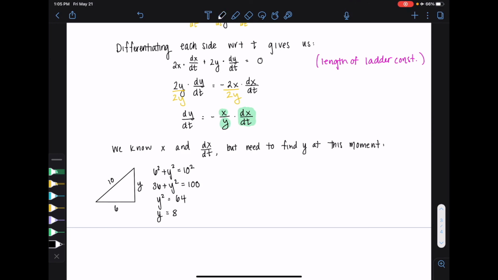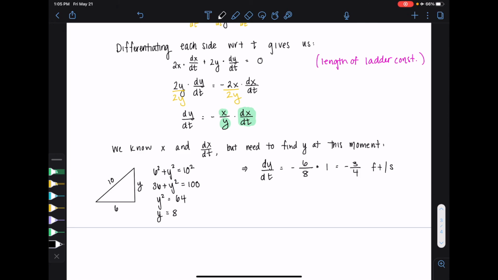This tells me at this precise moment, my rate of change of y with respect to time is negative x, which is 6, over y, which is 8, times dx/dt, which is 1. So this is really negative 3 over 4, and my units are going to be feet per second.